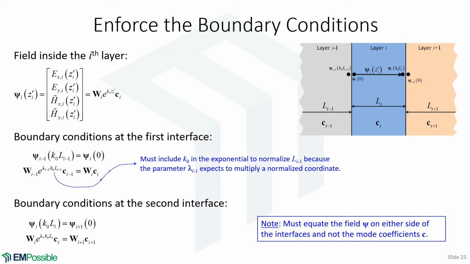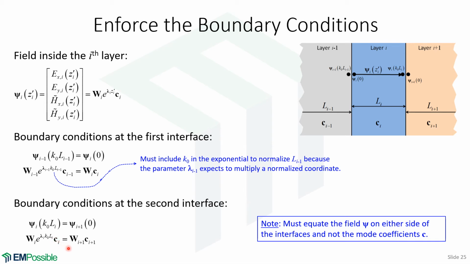Now let's do the same thing, but let's write our boundary conditions at that second interface between layer i and i+1. So we're setting these two psi's equal to each other. And that's what we're doing down here. Using our field expression for psi, we can write expressions for psi sub i at the far right-hand side of the layer: eigenvector matrix times the exponential times k naught times the thickness times c sub i, our mode coefficients.